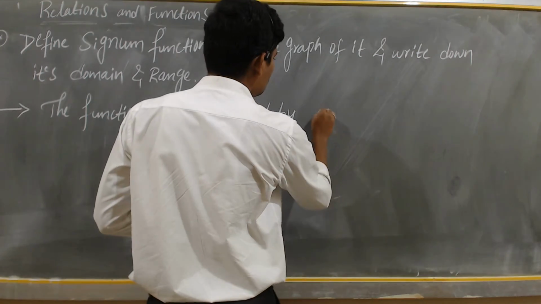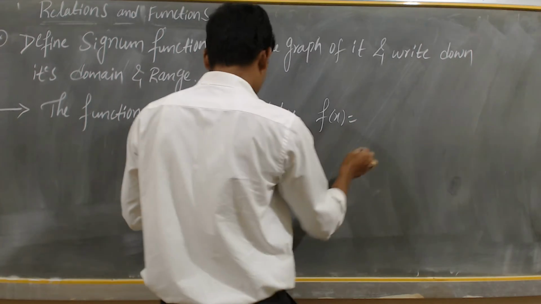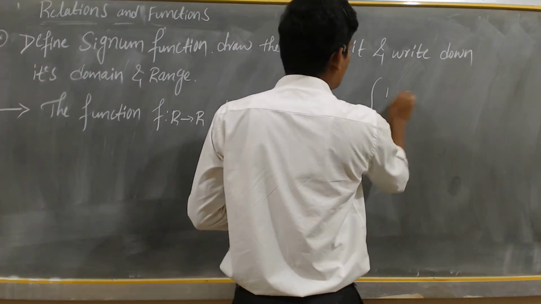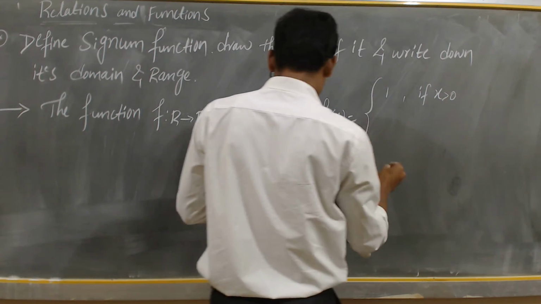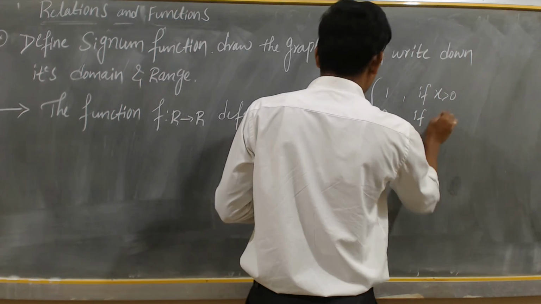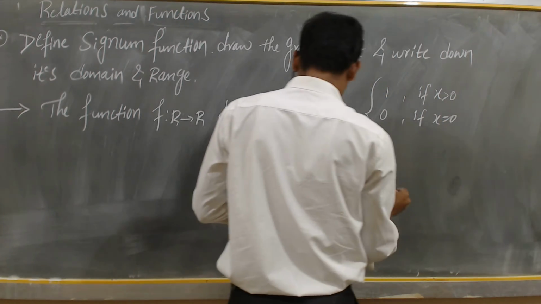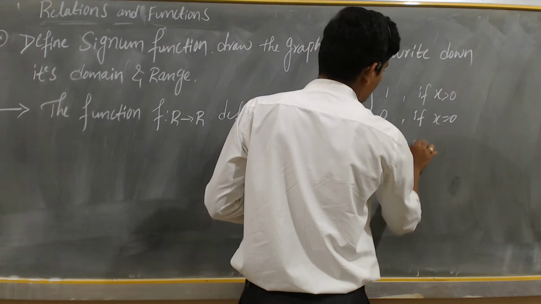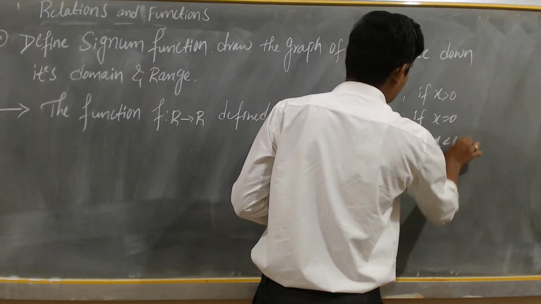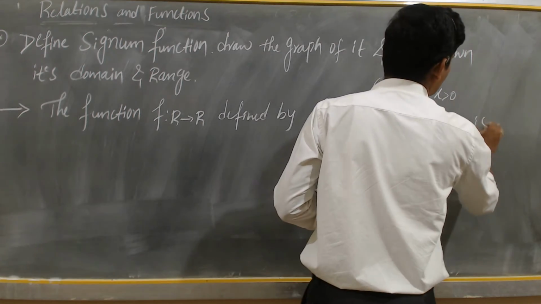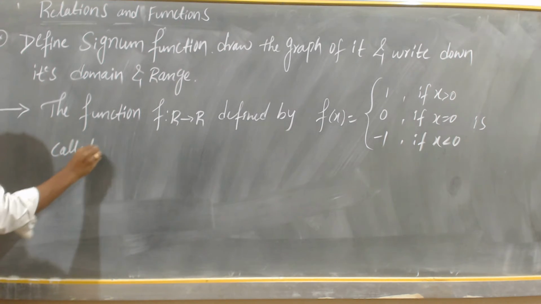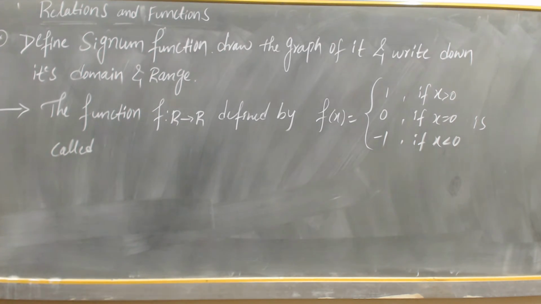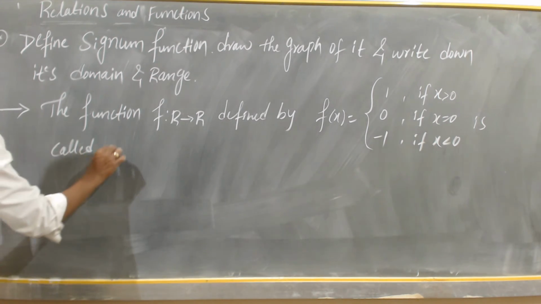First I will write the condition. f of x equal to 1 if x is greater than 0, 0 if x equal to 0, minus 1 if x is less than 0, is called the signum function.